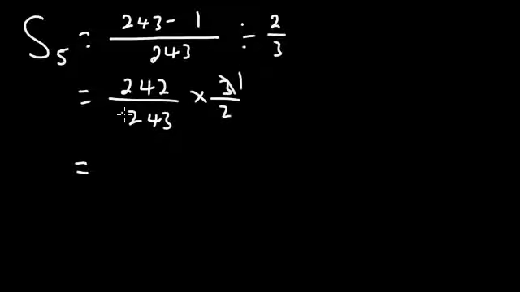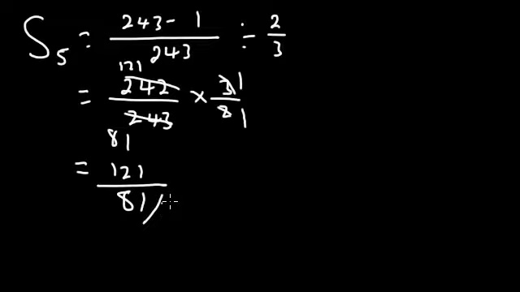So 3 into 3 is 1, 3 into 243 is 81, 2 into 2 is 1, and 2 into 242 is 121. So the final answer in this case is 121 over 81. So this is the sum of the first 5 terms of the GP.